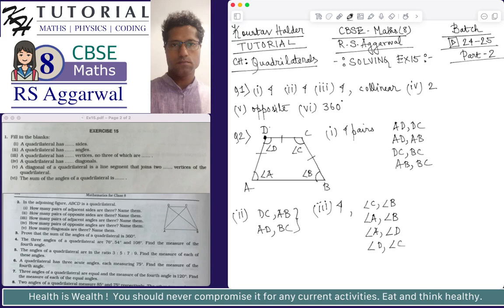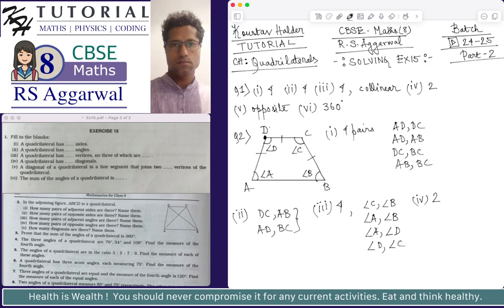Part 4 says: how many pairs of opposite angles are there? There are two pairs of opposite angles in a quadrilateral, where one pair of opposite angles is formed from the opposite vertices.